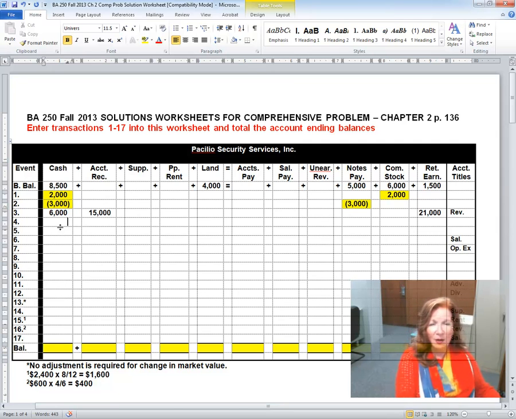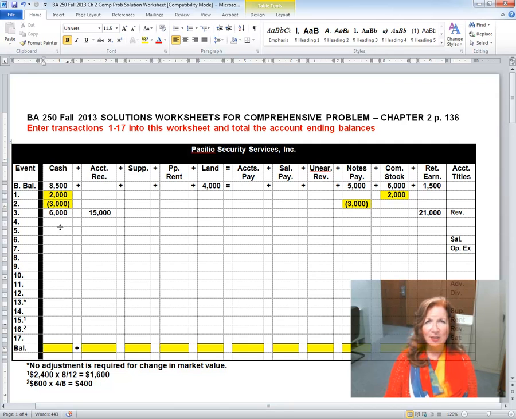So now we have September, October, November, and December. So we have 4 months at $100 a month. So we're going to have 4 months of rental revenue and 4 months of our obligation for unearned revenues going down because we've provided that service to them.